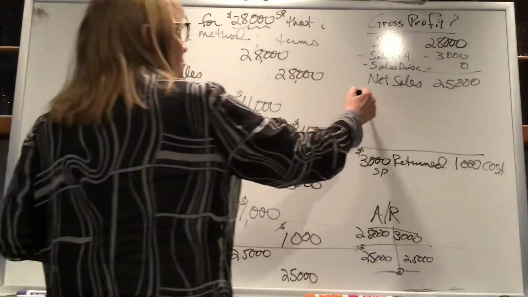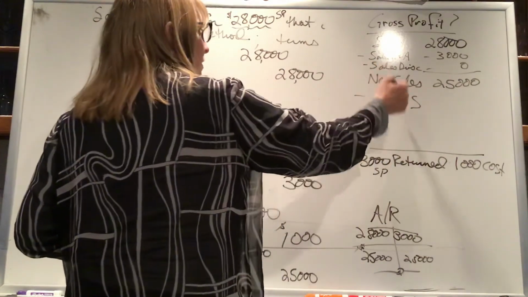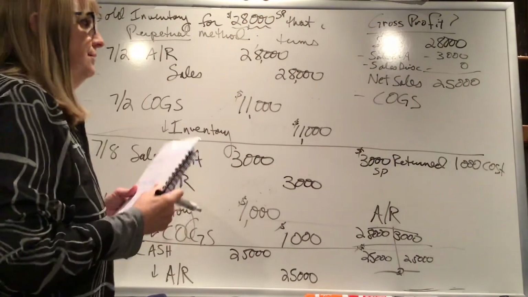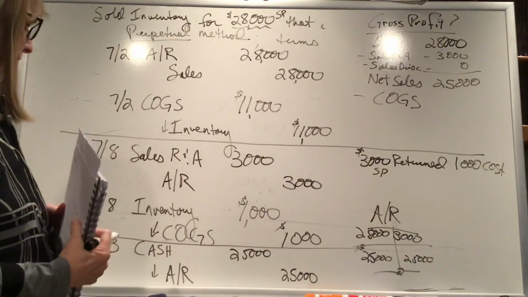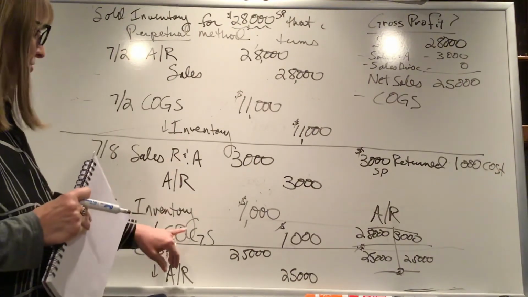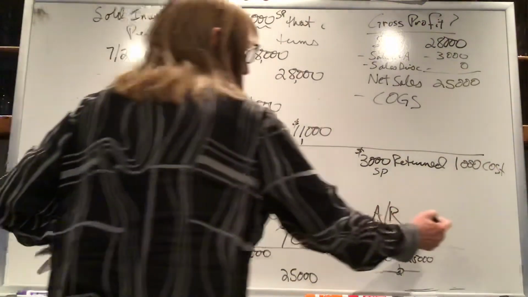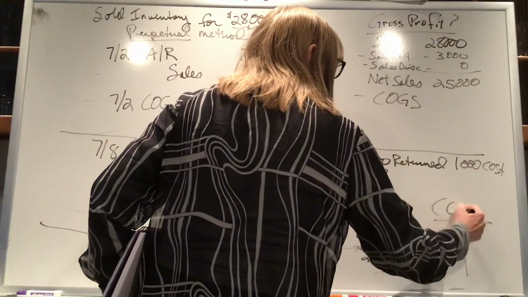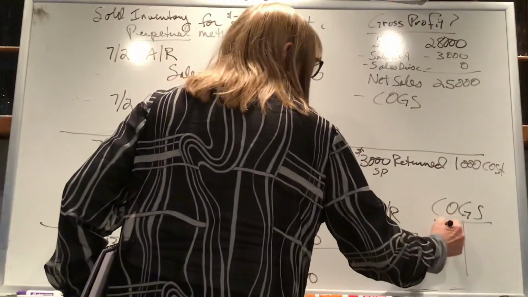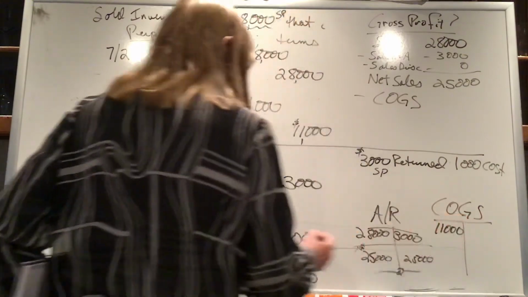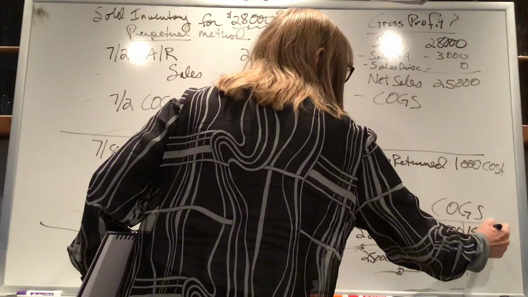And then to get to gross profit, we need to subtract our cost of goods sold. Remember, this is the sales price, and this is the cost. This is how a shoe store makes money. They buy low and sell high. So how much is the cost of goods sold? Well, we have 2 numbers here. So again, if it was me, I would probably do a little T account. Cost of goods sold. Started out at 11. But then if we post this credit to cost of goods sold, it's 1,000.